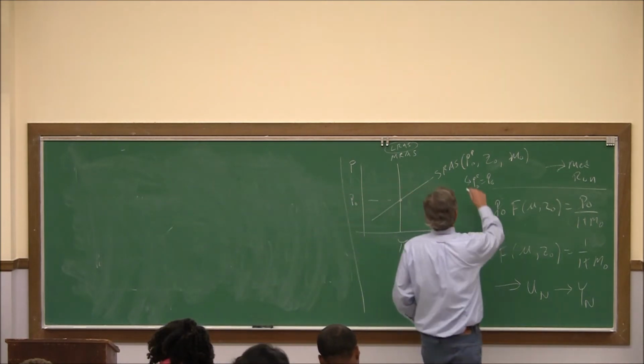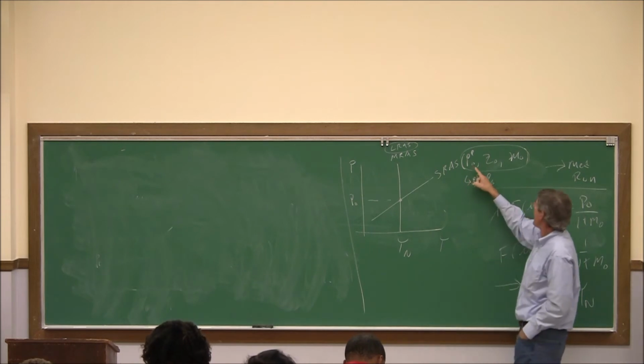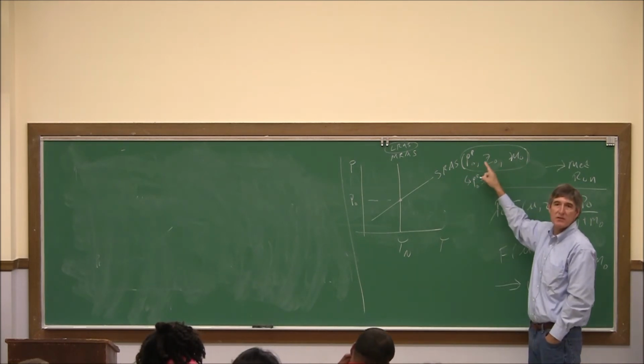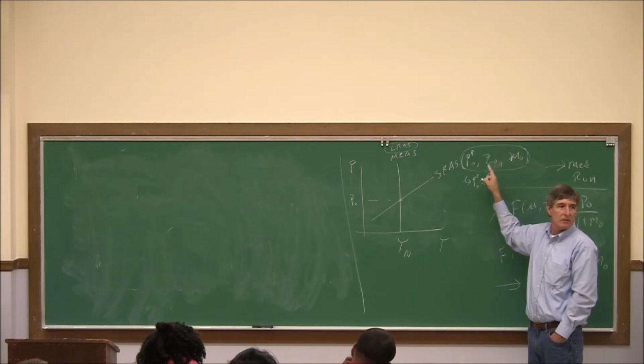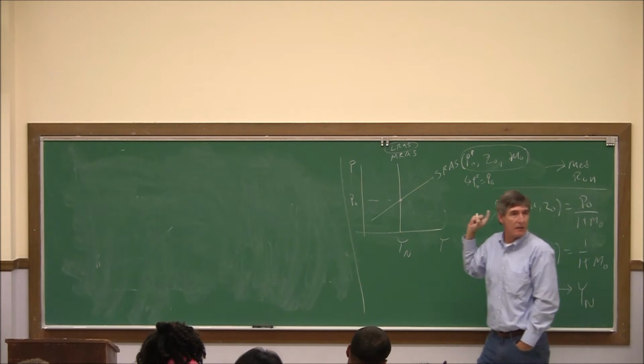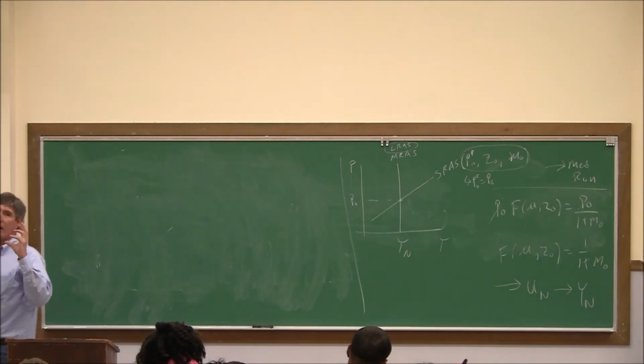So to finish off the model, all we need to know now is how the short run supply curve shifts if one of these three things changes. You remember how you do that? To derive a curve, you just work out the relationship.